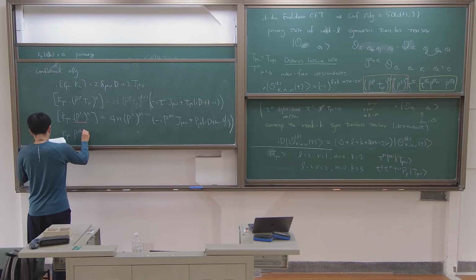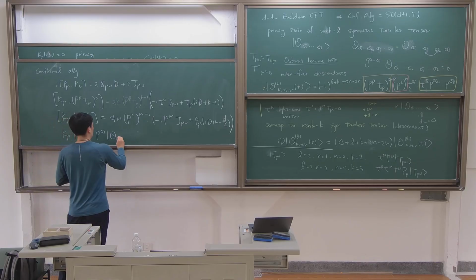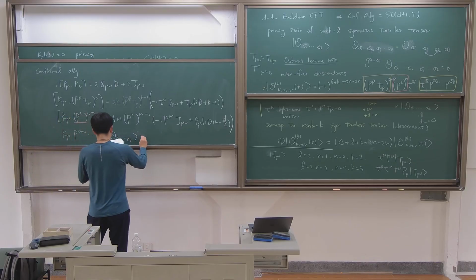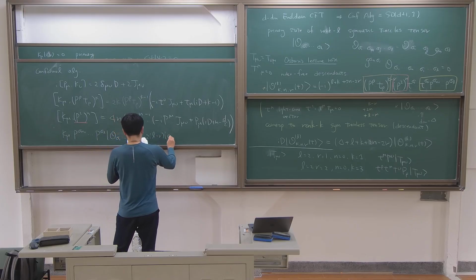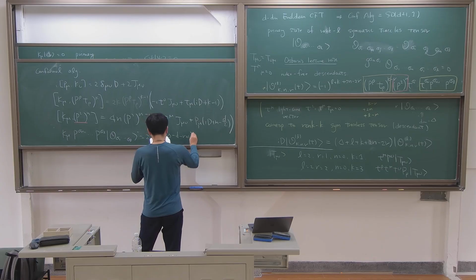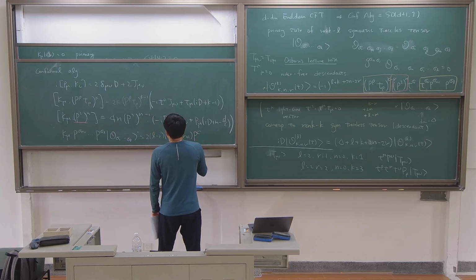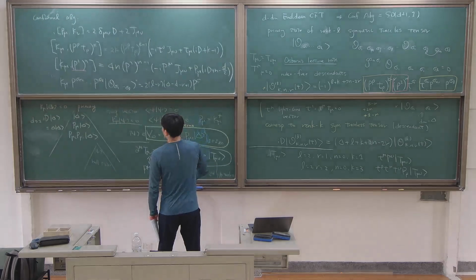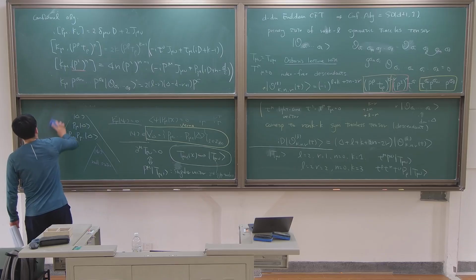Sigma r plus 1 is 2 times L minus R delta minus D minus R plus 1 T. I don't think I have space, so I write right here.